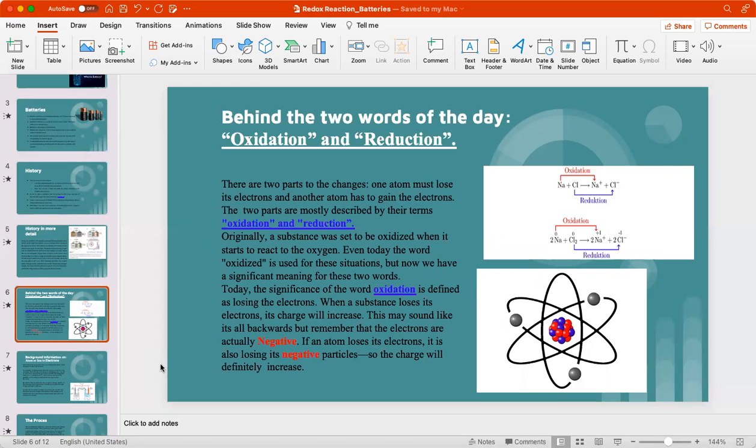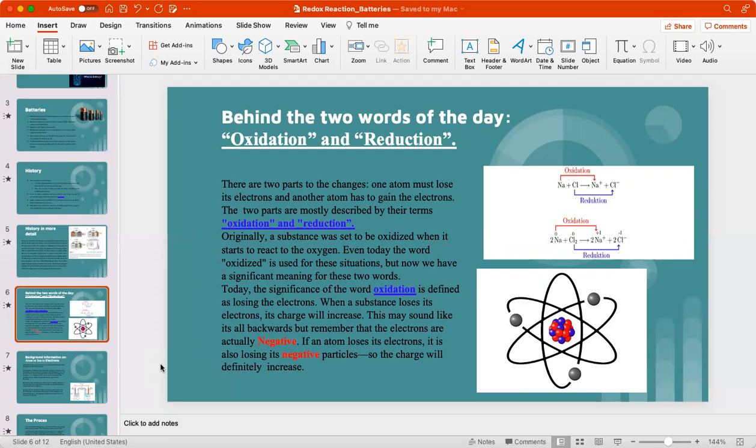The two parts are described by the terms oxidation and reduction. Originally, a substance was said to oxidize when it reacted with oxygen. Even today the word oxidation is used for this type of situation, but now we have a more significant meaning for these two words.